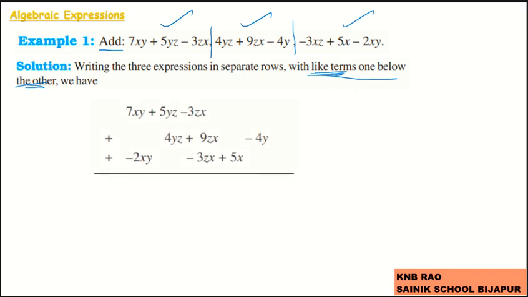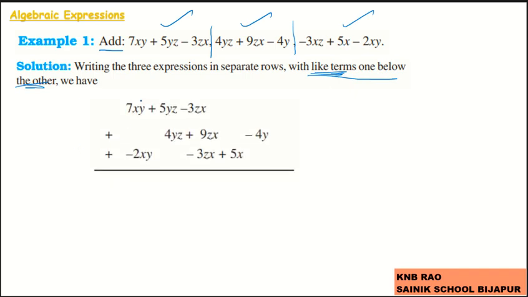Now I have written that. So 7xy plus 5yz minus 3zx. Next, remember children, 4yz comes under 5yz because they both are like terms. 9zx comes under minus 3zx because they both are like terms, and this minus 4y has no like term, so I wrote it a little farther.